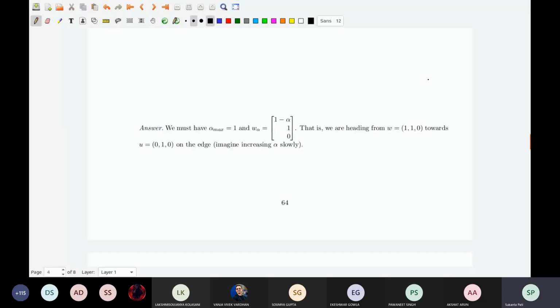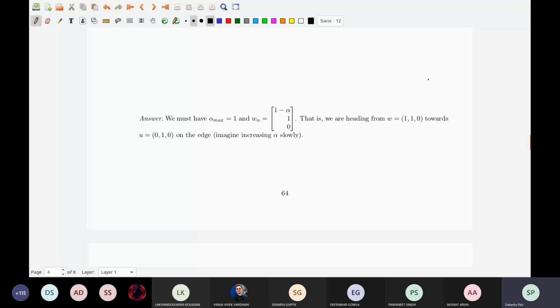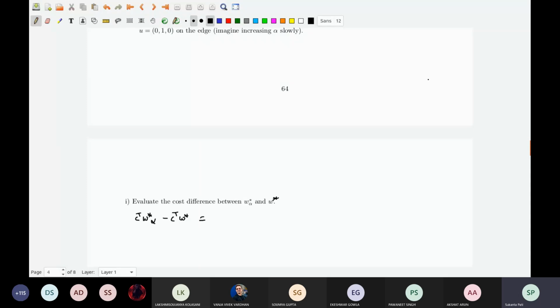Right. So C transpose W star alpha minus C transpose W star. That means the sum of the first 3 entries of W star alpha. The first 3 entries were 1 minus alpha, 1, 0. So this is 2 minus alpha minus 2.